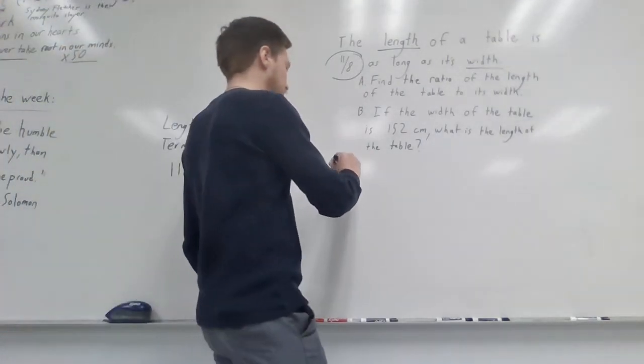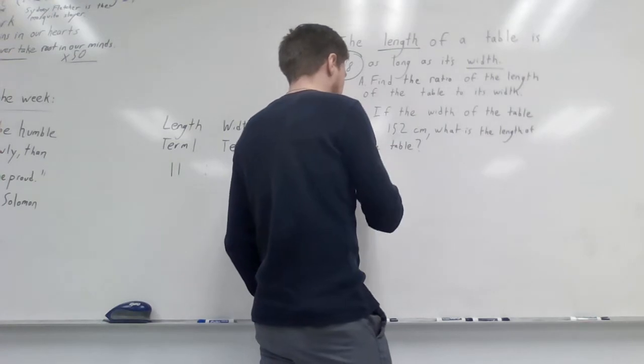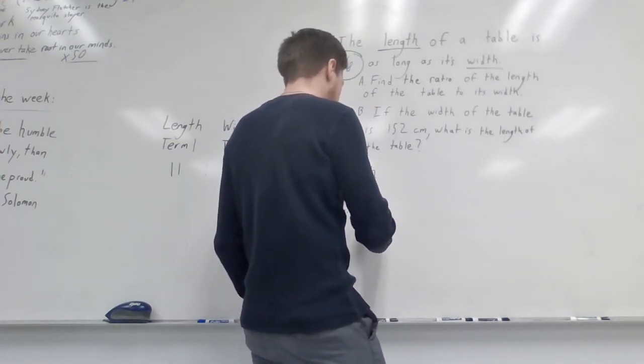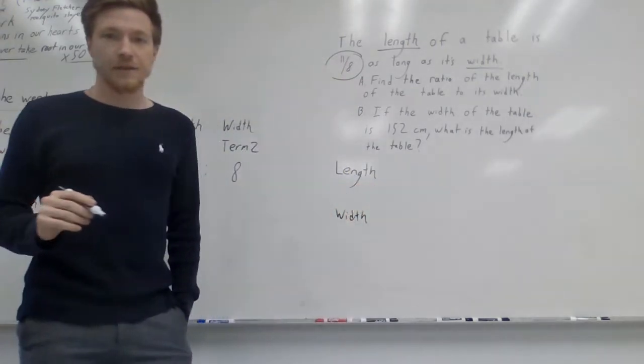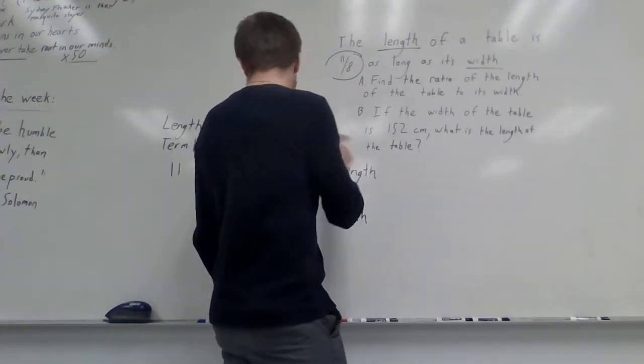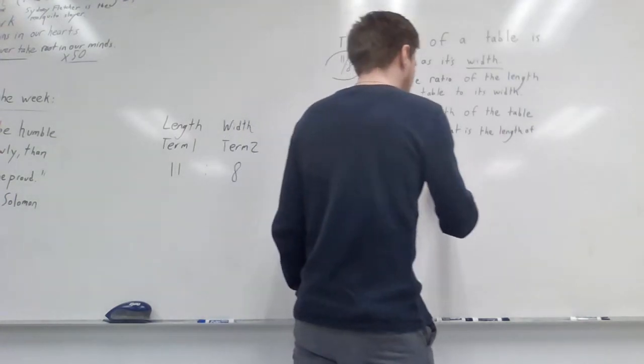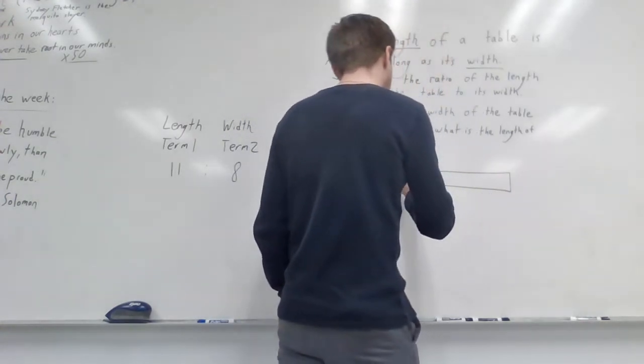So I'm going to label my first term, length, as well as my second term, width. Now, once I have this, I'm able to look at my ratio and recognize that length has 11 units.